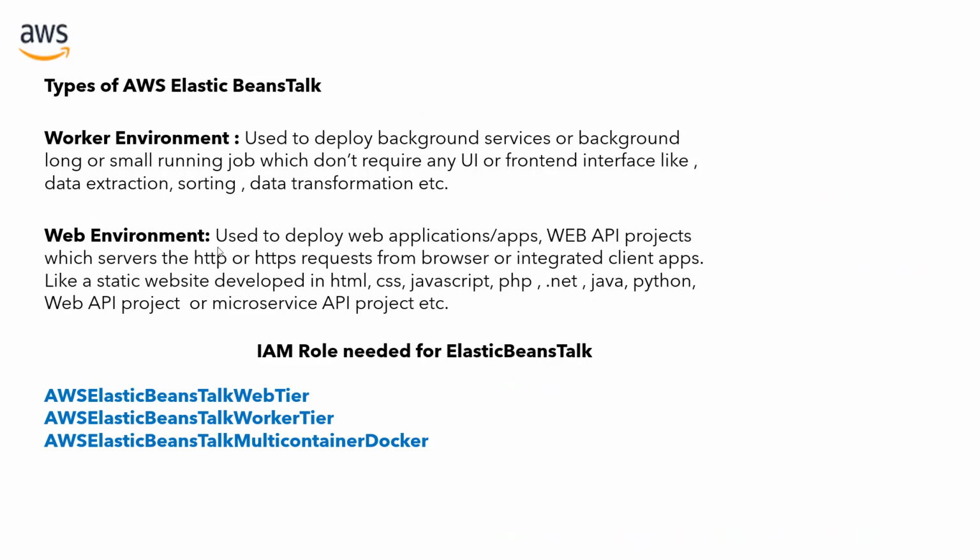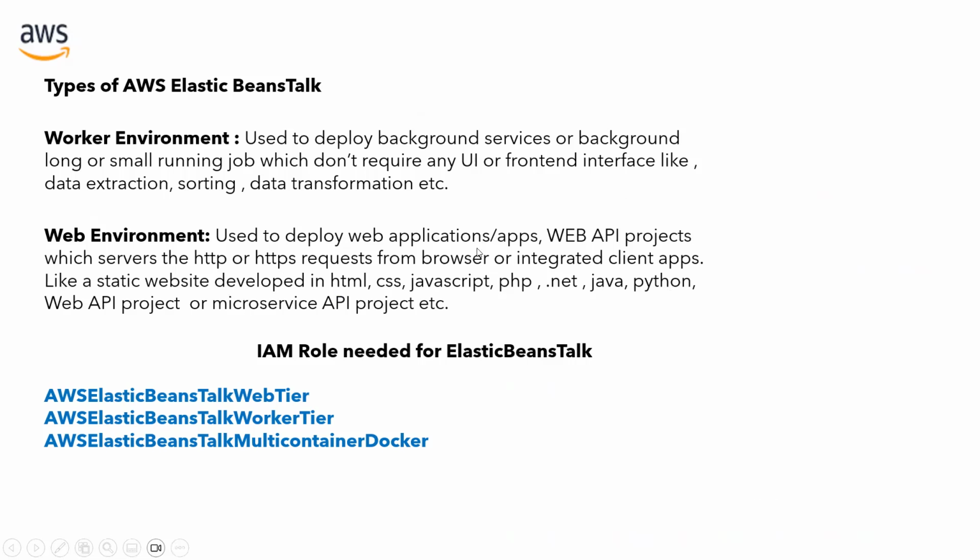The second one is the web environment, used to deploy web applications like apps and web API projects, which serve HTTP or HTTPS requests from the browser. Or it is integrated with client apps, like a static website developed in HTML, CSS, JavaScript, PHP, .NET, Java, and Python.